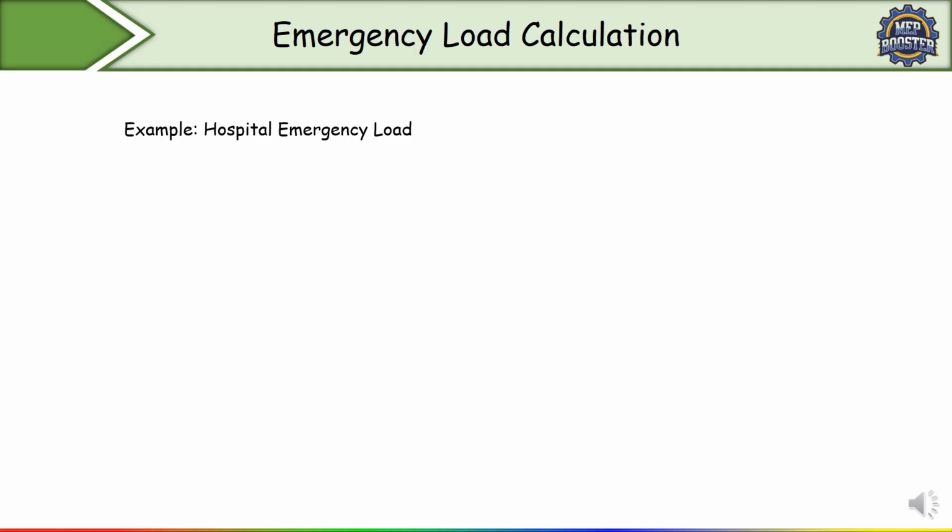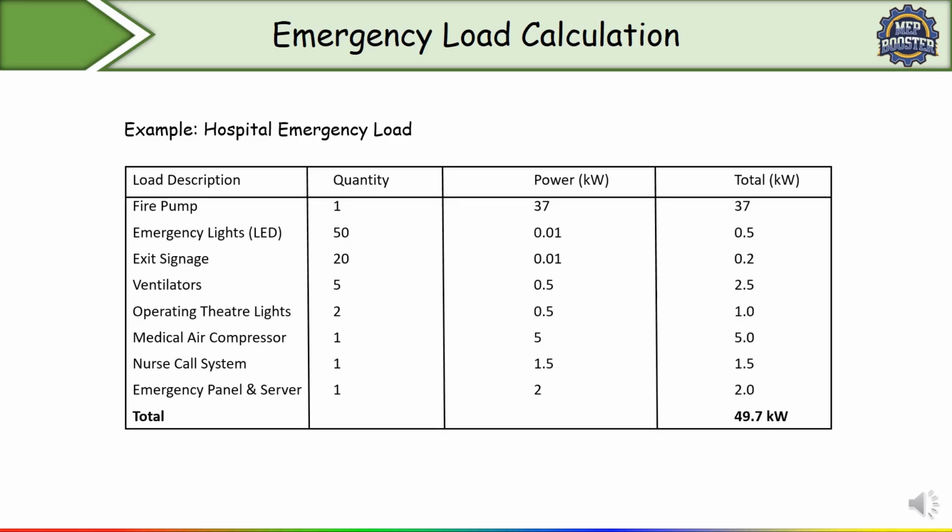Now here we'll take one example. Suppose we need to calculate the emergency load for a hospital. Suppose here the load description is given: fire pumps, emergency light. So 1 fire pump, 50 numbers of emergency light, each power rating is given in kilowatt. As I told you, the first step is to list all emergency equipment. See, these are the emergency equipment. Then you need to note down each load power rating.